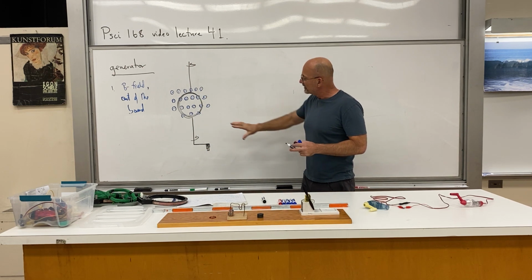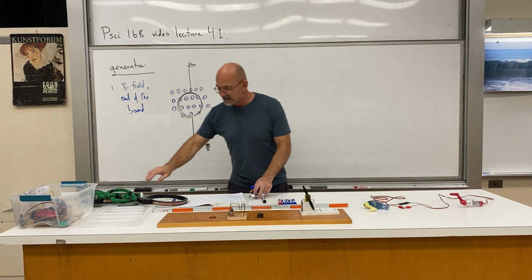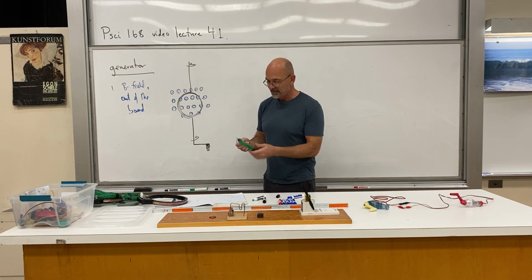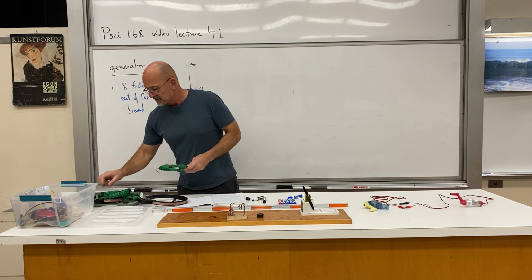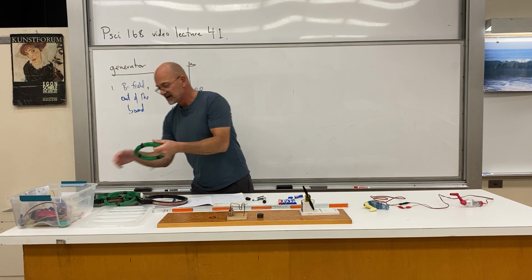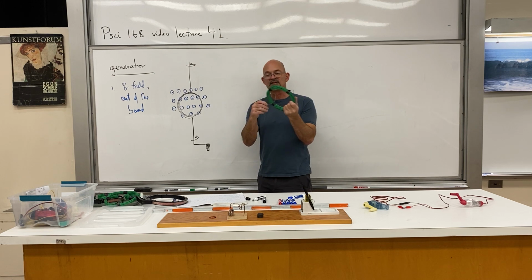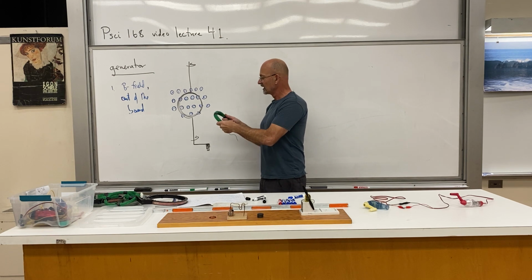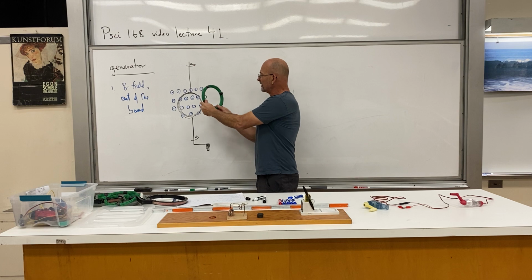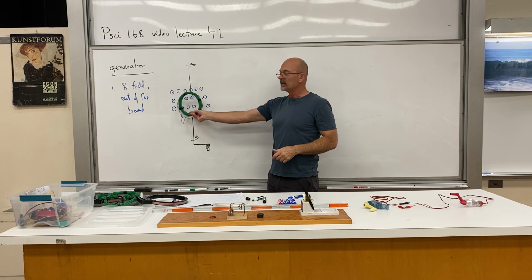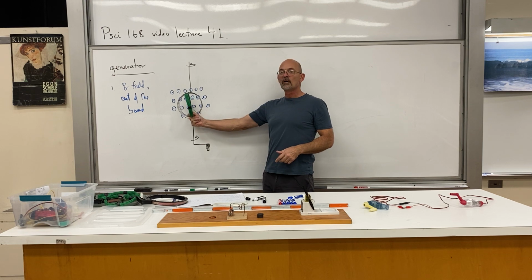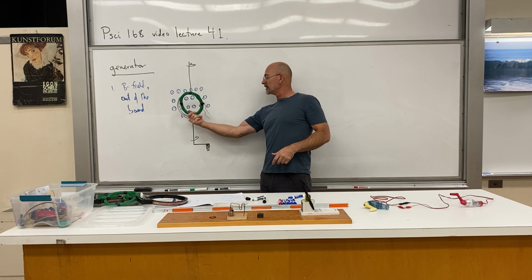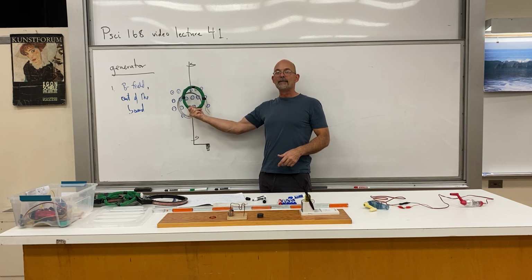And what that does is it has a changing flux. Just hold this thing here. Okay, so this is a coil. There's the wires coming out. It's on an axle, and this is the full flux flowing through the coil. When I turn it this way, there's zero flux, and when I continue to turn it, it's the same flux but with a minus sign.